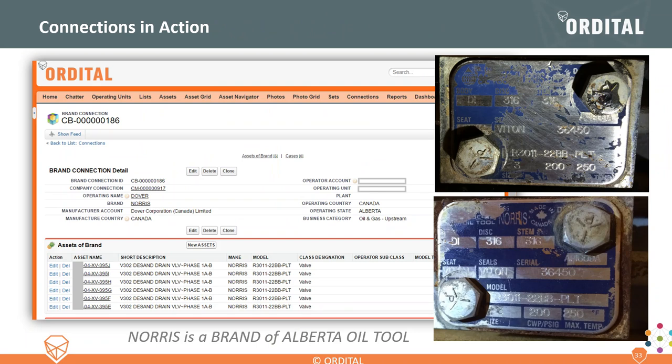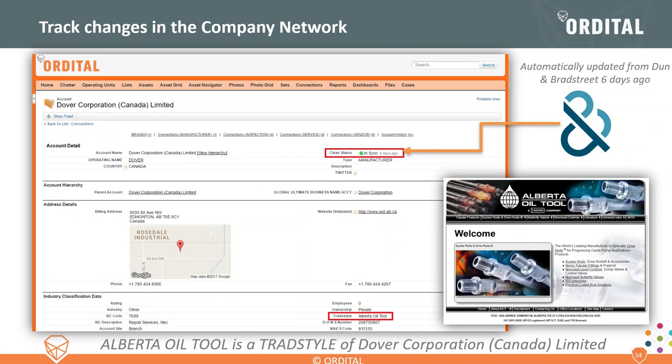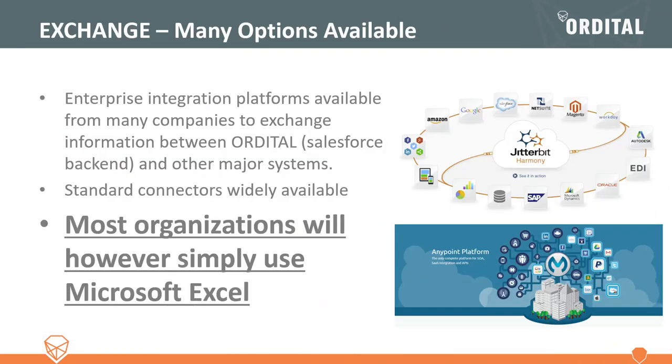Once again, these typically aren't the worst we would see, but we've extracted the make and model, and we can also see that it belongs to Alberta Oil Tool Company, which is part of Dover. And we can follow that through, and we can see that it was all in sync as we did it.